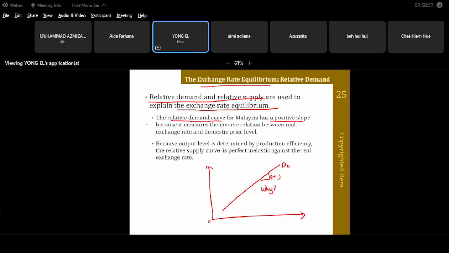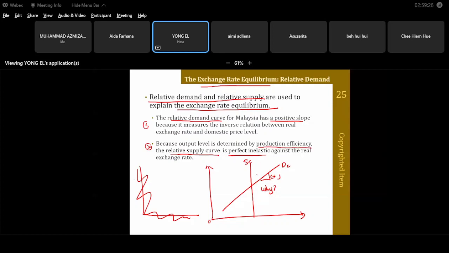The next thing is the relative supply curve. We assume the relative supply curve is perfectly inelastic, vertical. The reason is production is determined by production efficiency.